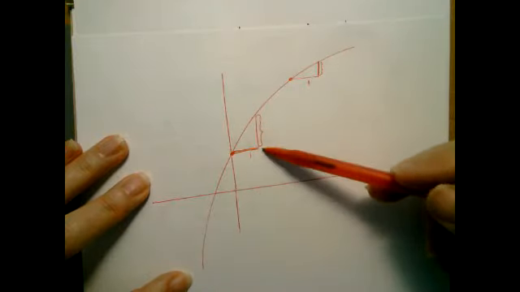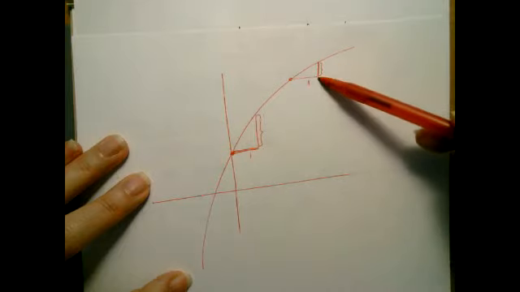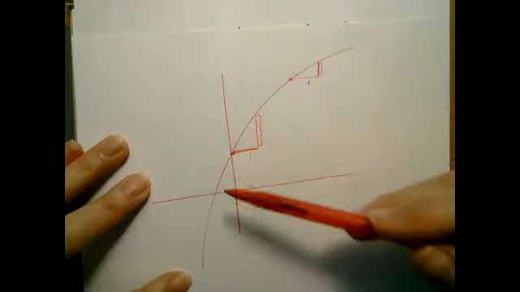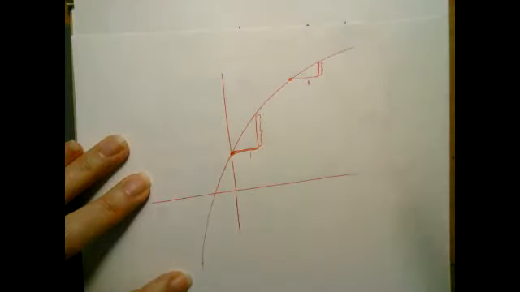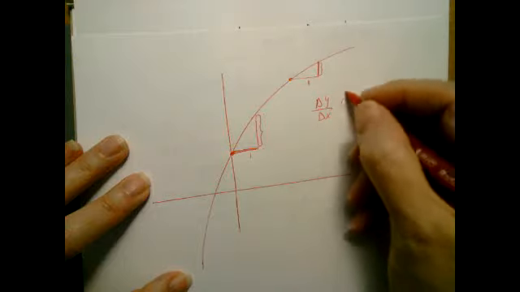You can see the delta y is very large. The delta x is 1. Here the delta y is much smaller, over 1. So if the graph is not a straight line, it curves, then the delta y over delta x changes.